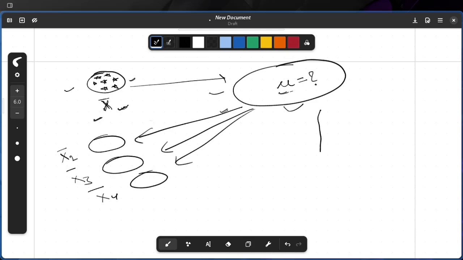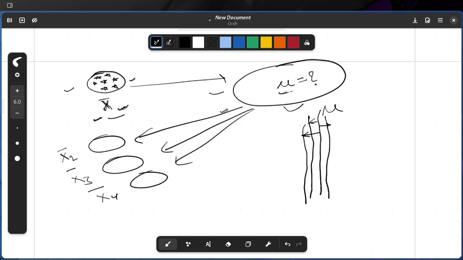So let's say this line represents the population mean mu, and if you are plotting this, then one sample mean will be somewhere here, another one will be here, another one here. As you can see, it is slightly deviated from the population mean.